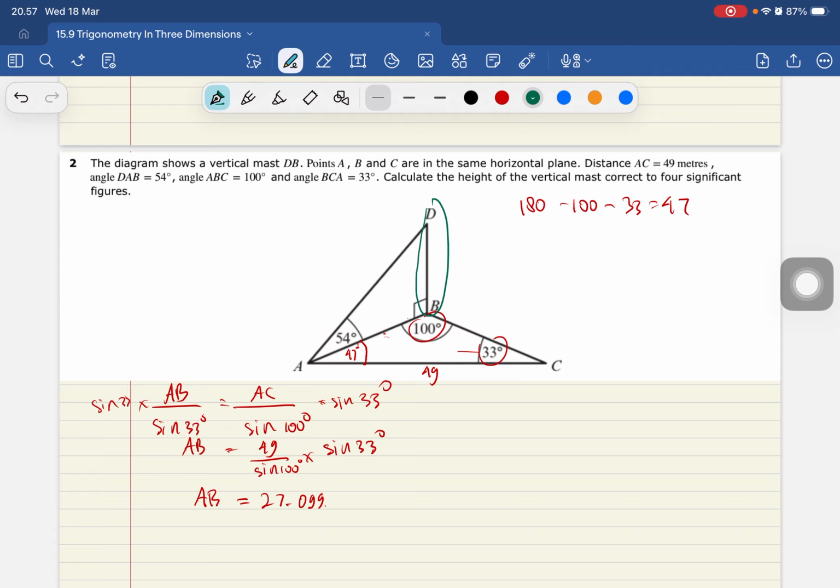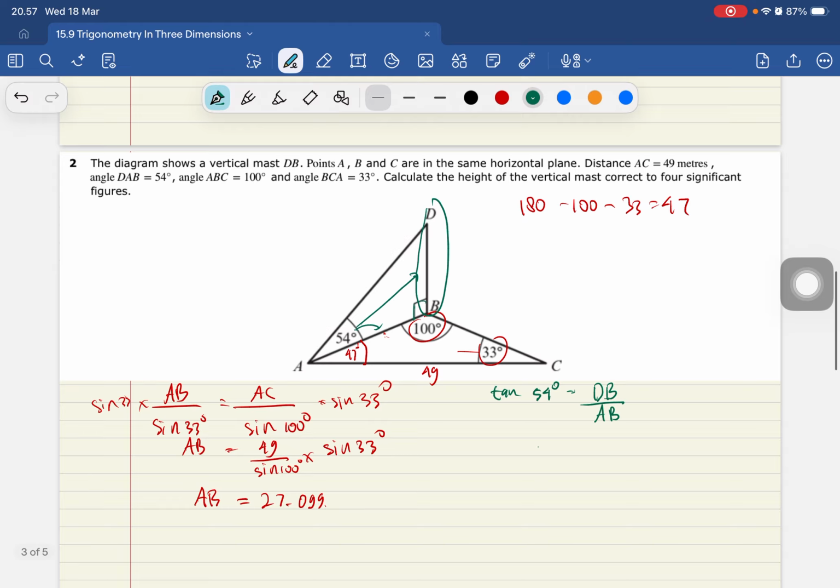Next we need to find the height DB. As this is a triangle with the angle here, we use opposite over adjacent, so we can use the tan formula. So tan 54 degrees equals the opposite, DB, divided by AB.